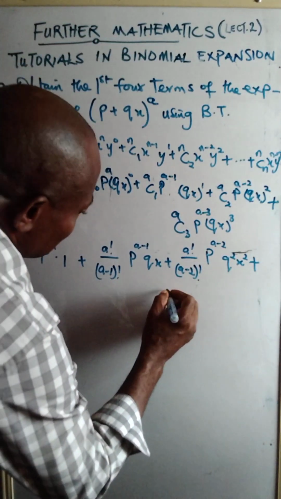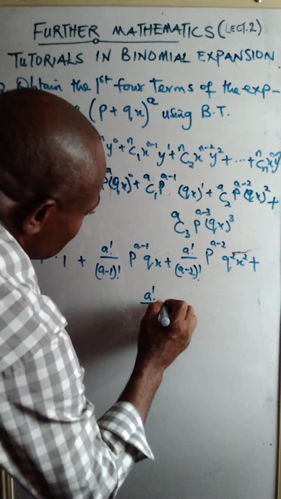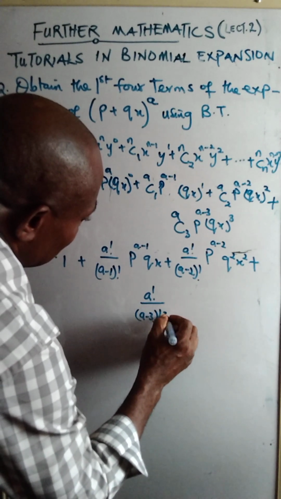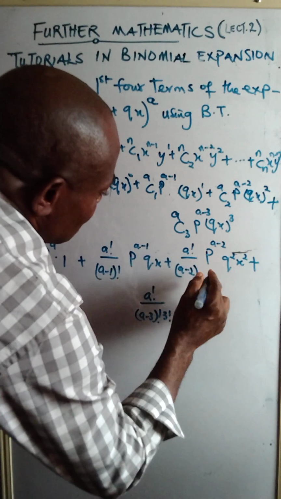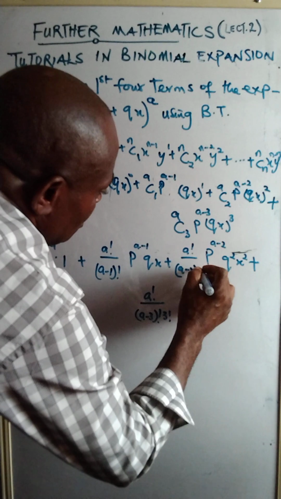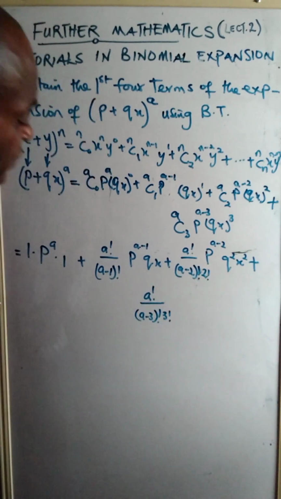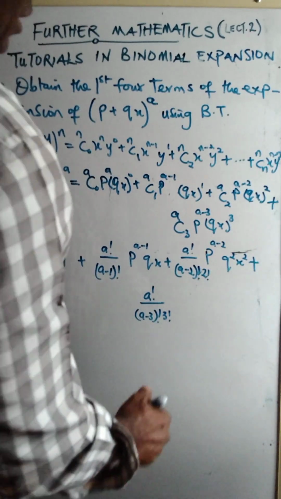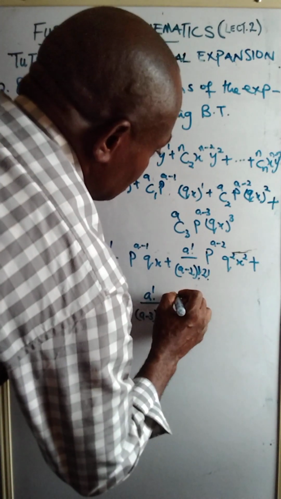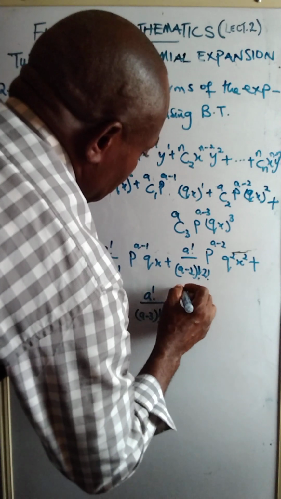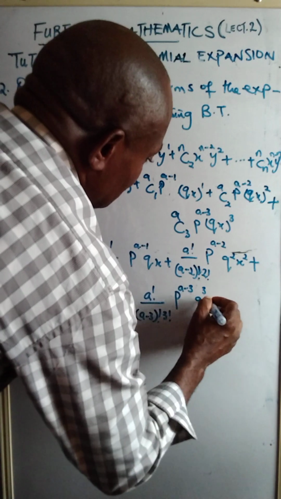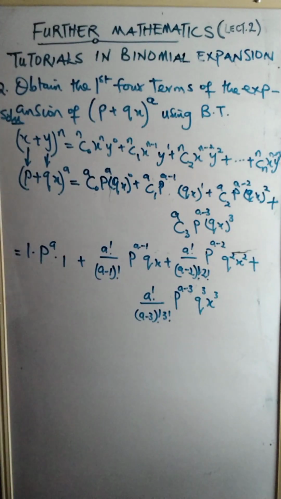Finally, the last term becomes a factorial over a minus 3 factorial. Then we have 3 factorial, which is 3 factorial, then 2 factorial. All right, so this is the fourth term. We're going to have p raised to power a minus 3, then we have q raised to power 3, we have x raised to power 3.